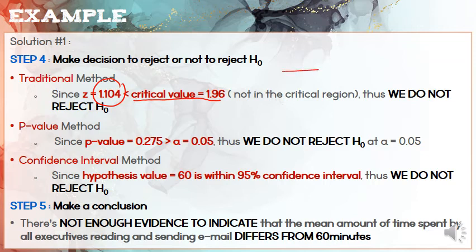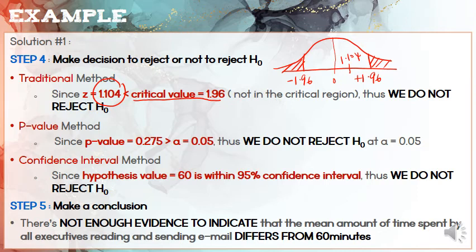So, now, kalaulah you sketch the curve, your critical value is here, negative 1.96 and positive 1.96, two-tailed test. Tengah-tengah ni 0. So, your test value berada di sini lebih kurang, 1.104, which is dia berada in the non-critical region. So, kalau dia berada di non-critical region, we do not reject our H null.